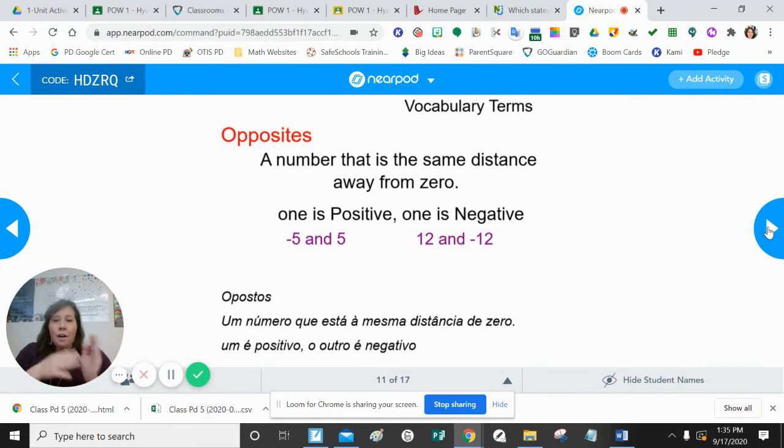So positive 5, negative 5, positive 20, negative 20, negative 5 million, positive 5 million, positive 1/2, negative 1/2. These are all opposites. Your opposite numbers are the same distance away from 0, so their absolute values are the same number, okay?